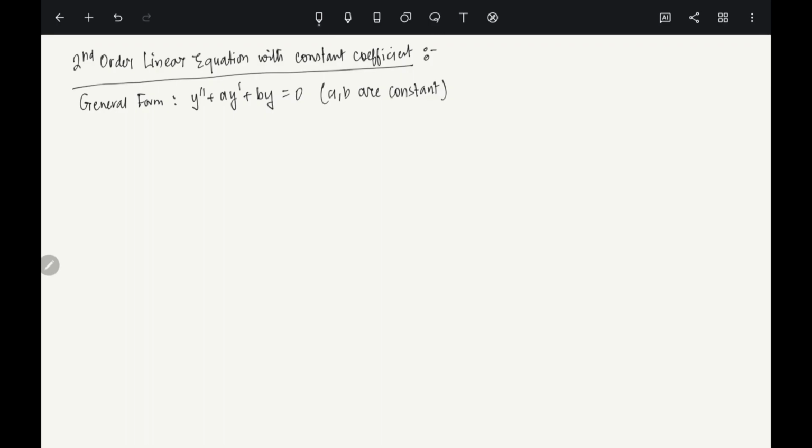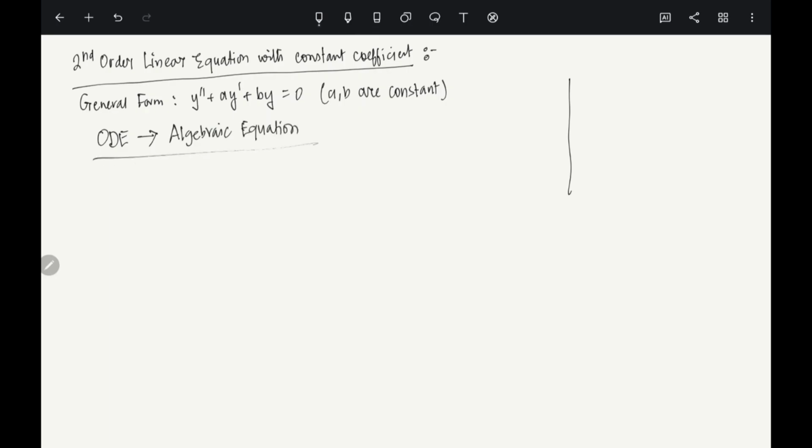Since we do not know how to solve this ODE explicitly by attacking it directly, we want to use something which we know. So we will convert this ODE to an algebraic equation.